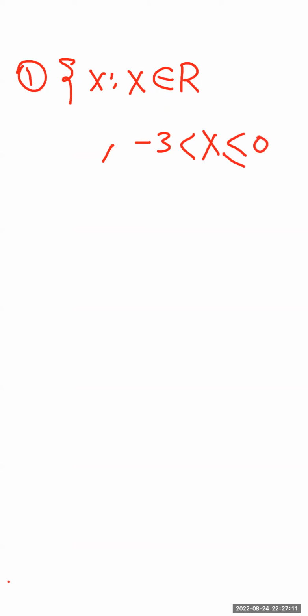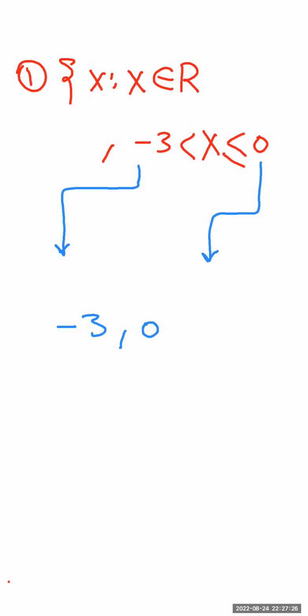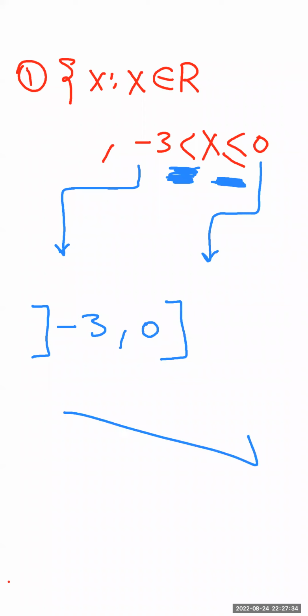Now, the solution of this one is very easy, guys. As I told you, this will be the start point and this one will be the end point. So -3 and 0. Now, greater than only, so opened. Less than or equal, closed. Done. Is it hard? I think it's very easy, right?